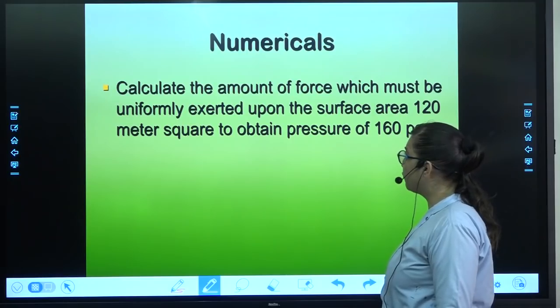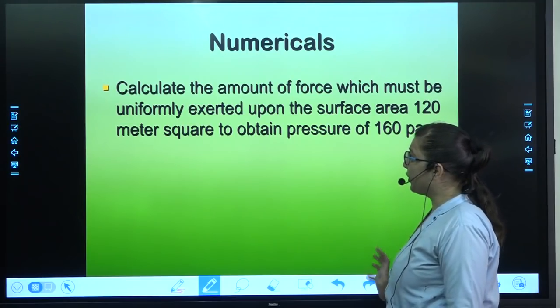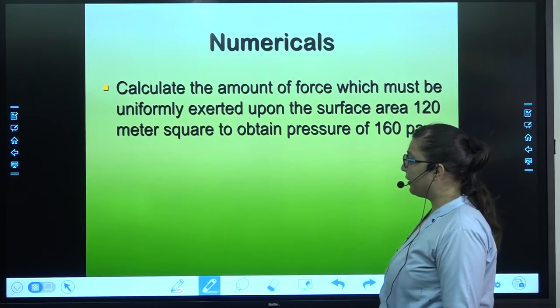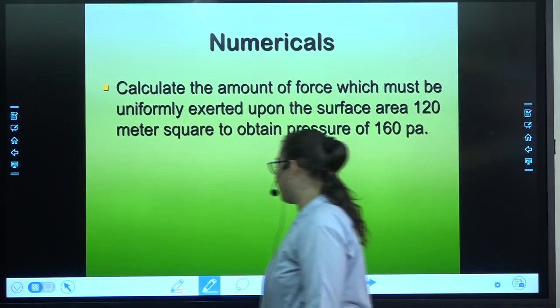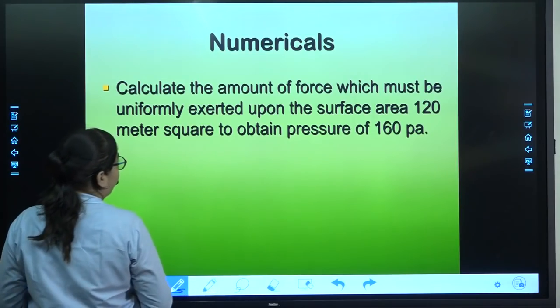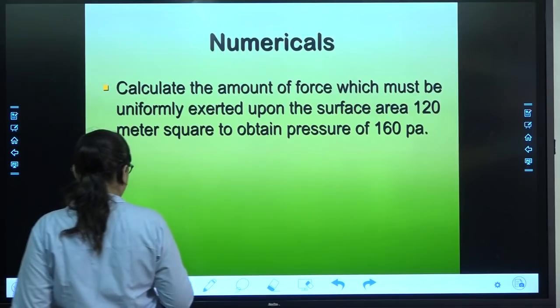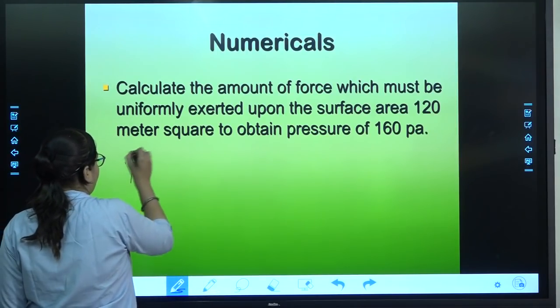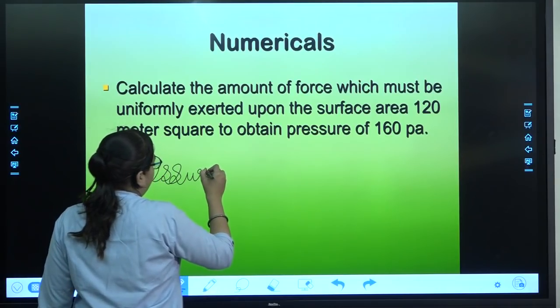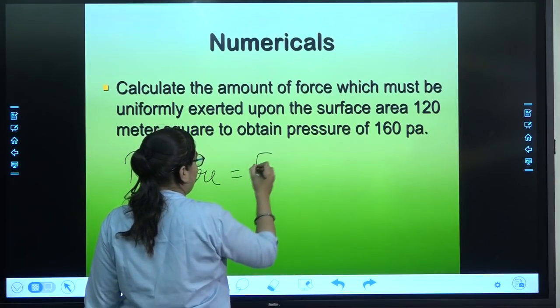Calculate the amount of force which must be uniformly exerted on the surface area of 120 meters square to obtain the pressure of 160 Pascal. Now we are knowing that pressure is equal to force upon area.